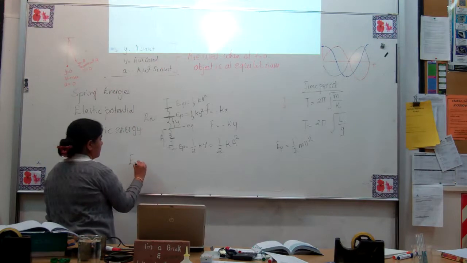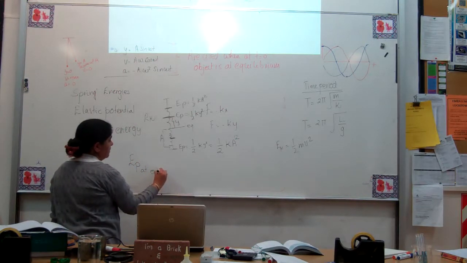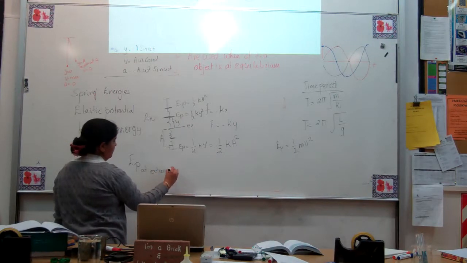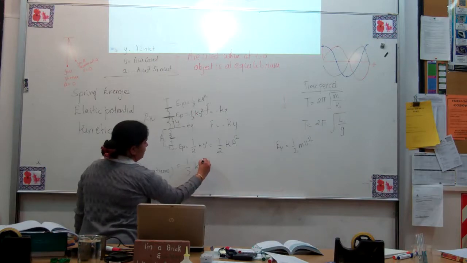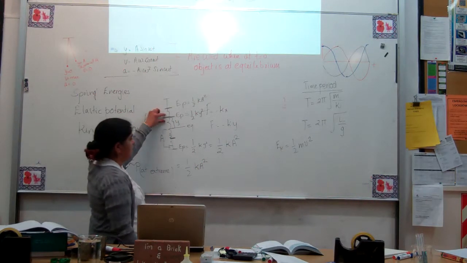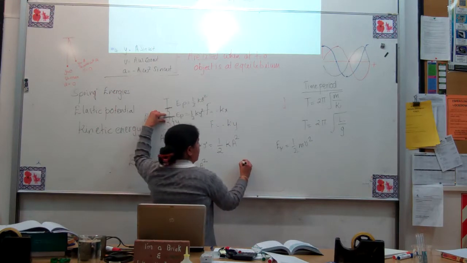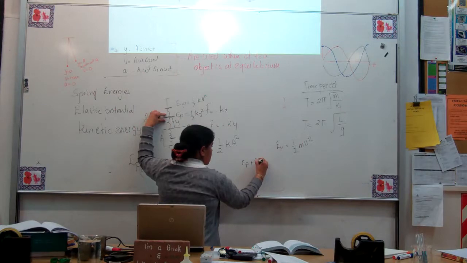EP at the extreme, or at maximum extension, is half ka squared. We can calculate that. Now in between here, what is happening? Some of it is EP, some of it is EK.